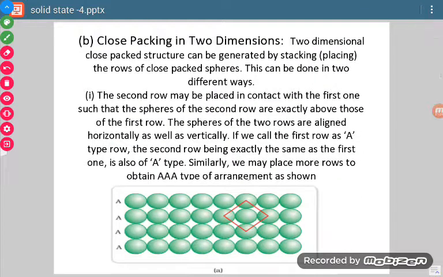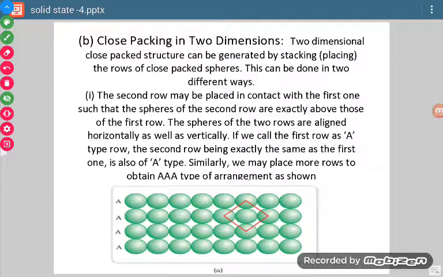Now in two dimensions, there are two different ways. In one dimension there was a single line of spheres. We have to place one line over the other, and placing can be done in two ways. Here in this diagram it is shown that we are placing the next layer over the previous layer as it is.